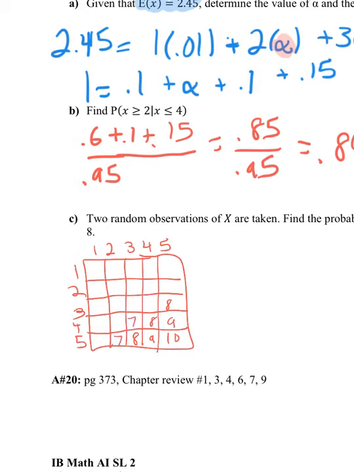And then the rest will be 7s, 6s, 5s, 4s, 3s, and a 2. But for all the ones that are greater than 8, there's 1, 2, 3, 4, 5, 6 out of 25 total possibilities that the sum is greater than 8. So this one has to rely on us being able to create a probability distribution table and figure it out from there. A sum of two numbers: 6/25 is your probability there.